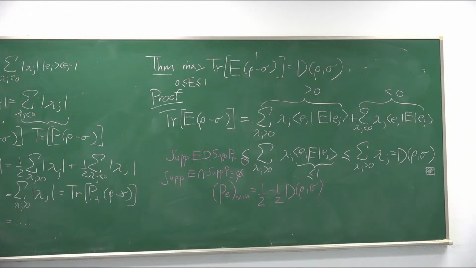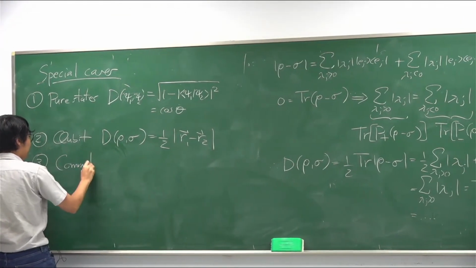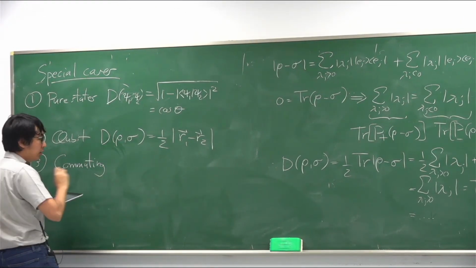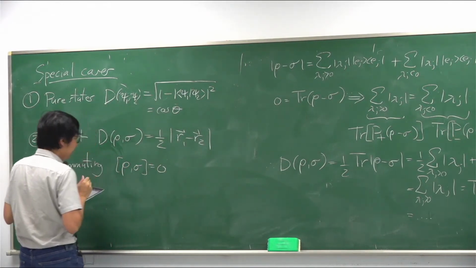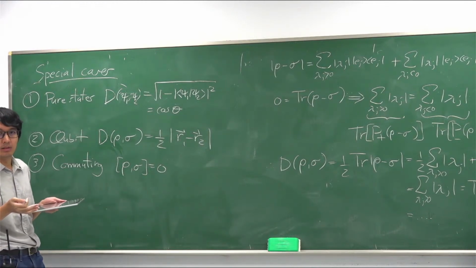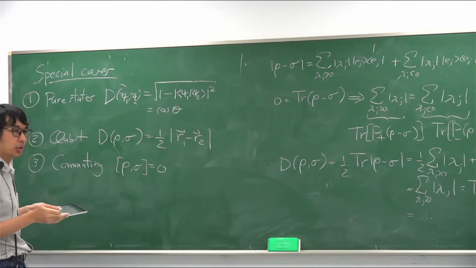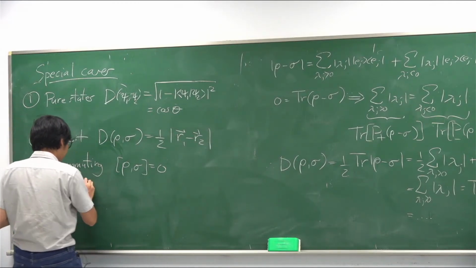The final case is if you have commuting density operators. In this case, this would reduce to the classical distance, the total variation distance. So, yeah.